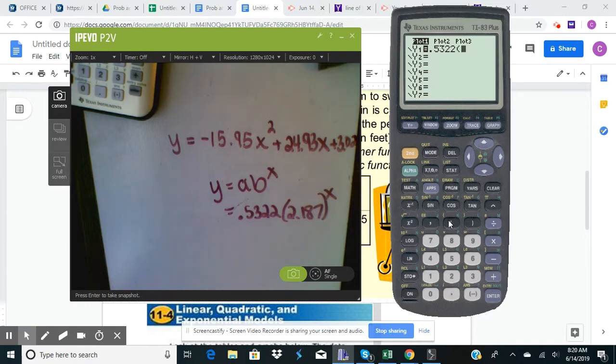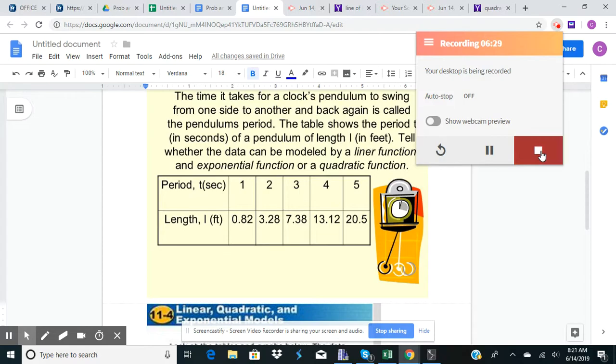I'm trying to type parentheses, 2.187, close parentheses, and I'm going to raise it to the x power. And when I graph that, again, I will see that really nice curve. Now this one doesn't line up perfectly, but it's pretty darn close. And that's it. I think that you guys have that, and let me know if you have any questions. Thank you.